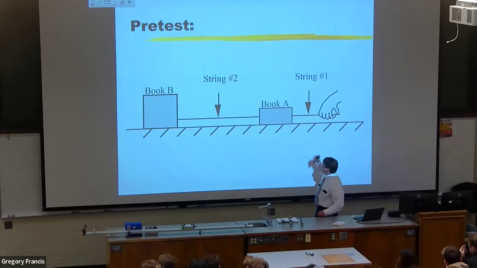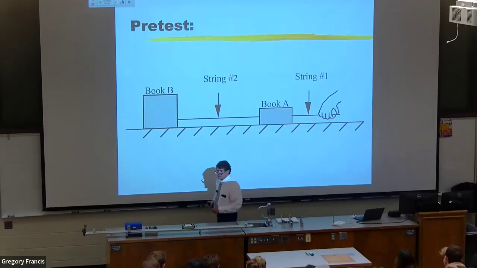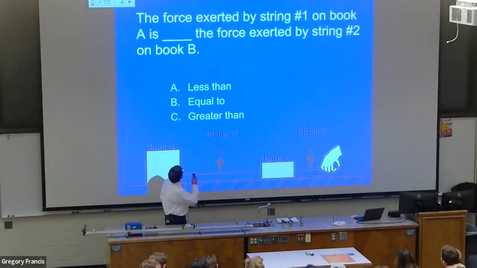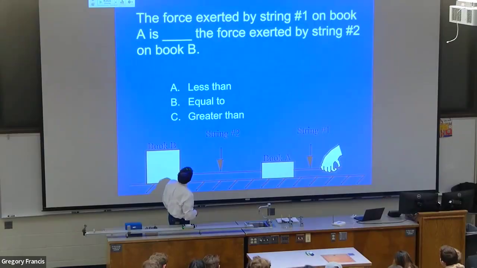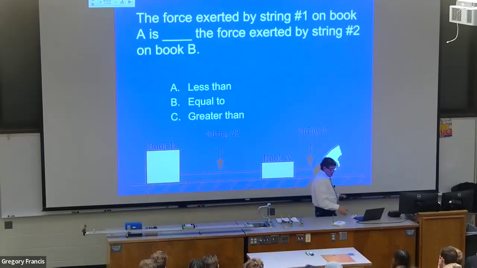And we're pulling this system across the table such that it speeds up to the right. Now you were asked to compare this question, the force exerted by string 1 on book A is less than, equal to, or greater than the force exerted by string 2 on book B. And you all answered this.